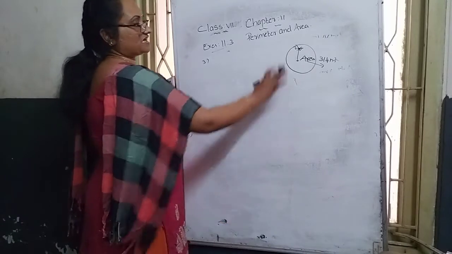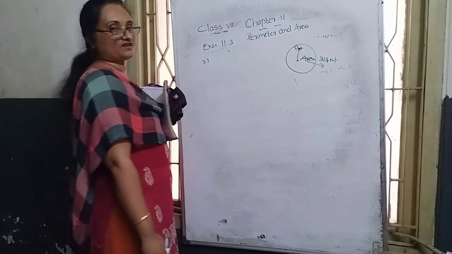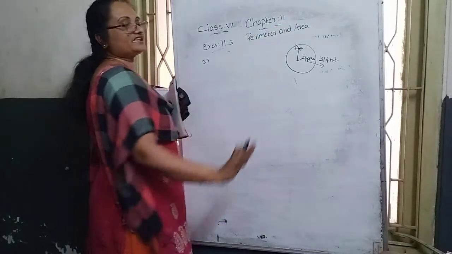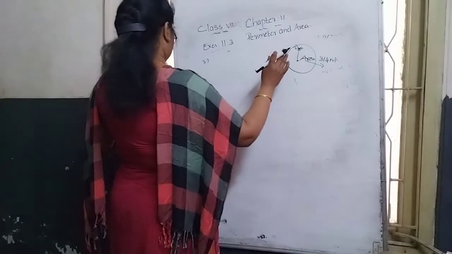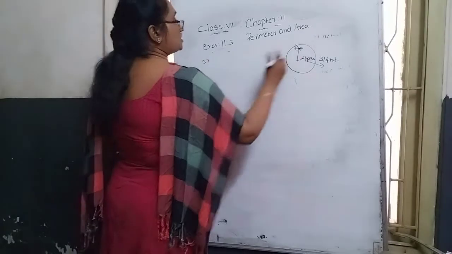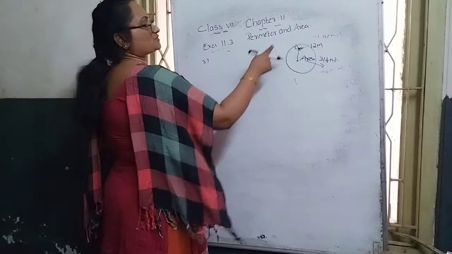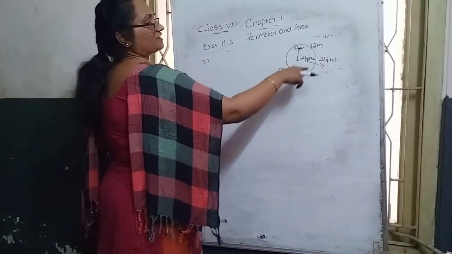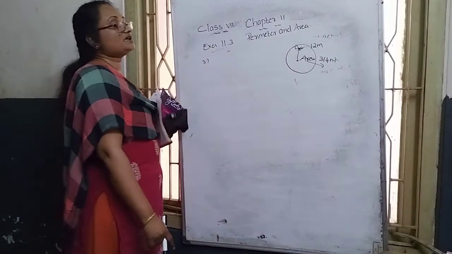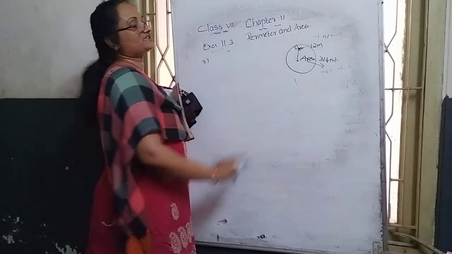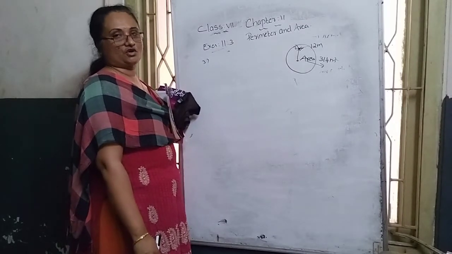That purpose, one sprinkler is kept for pouring the water. The radius of the sprinkler is given as 12 meter. The question asked: is it possible that all the area of the garden is sprinkled by the sprinkler? Sprinkled means pouring water by the sprinkler. Yes or no?